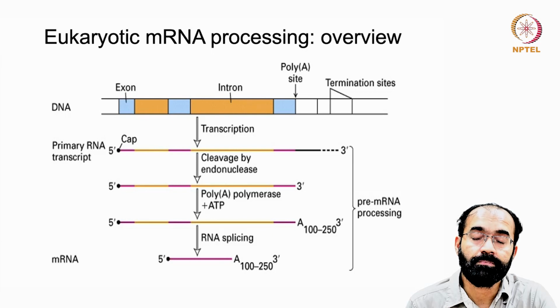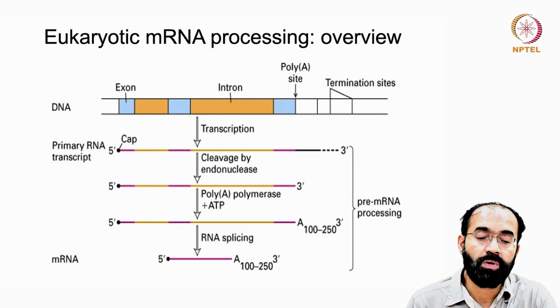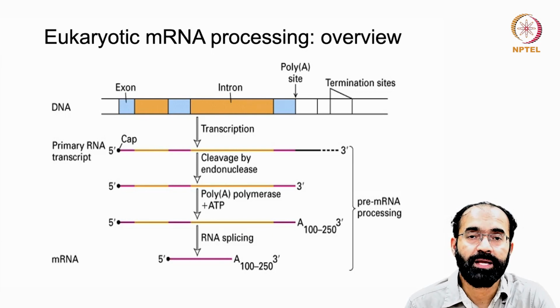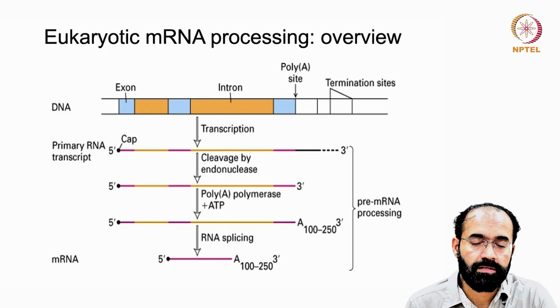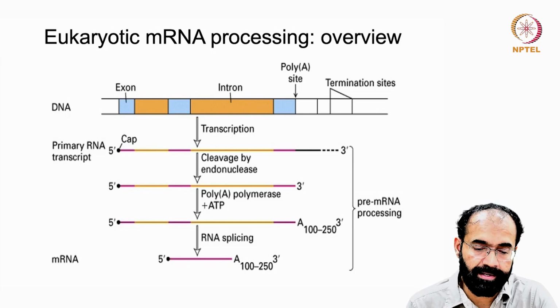Now this RNA will become an attractive candidate for the poly-A polymerase enzyme, which makes use of ATP, because ATP is the monomer which will be used for adding a stretch of A's. And the A tail can have a length of 100 to 200 or 250, and it varies from RNA to RNA.